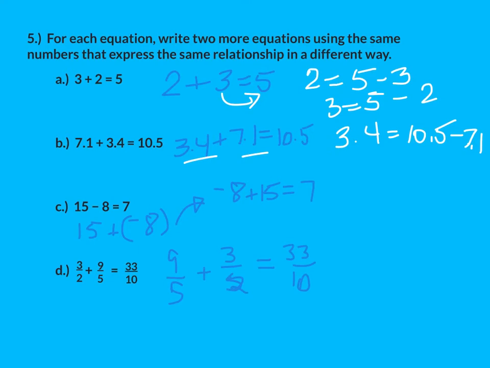Or I could have done it with 3.4 instead. So that would have given me over here 7.1 equals 10.5 minus 3.4. Okay, hopefully you're getting the hang of this, because it really isn't that hard.